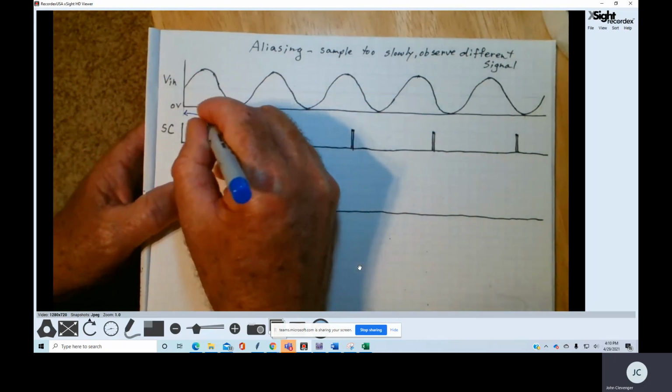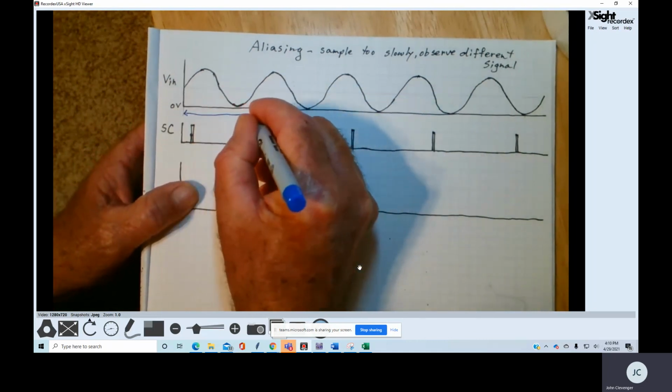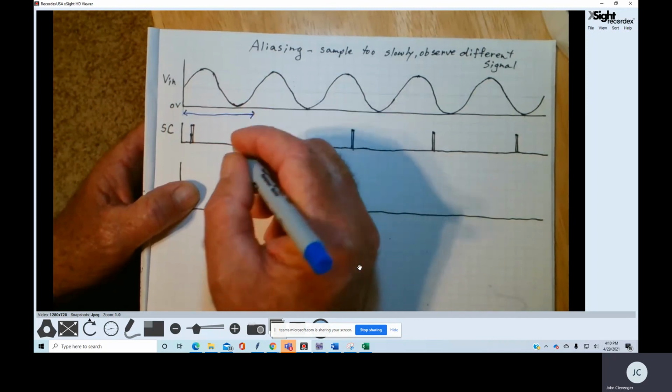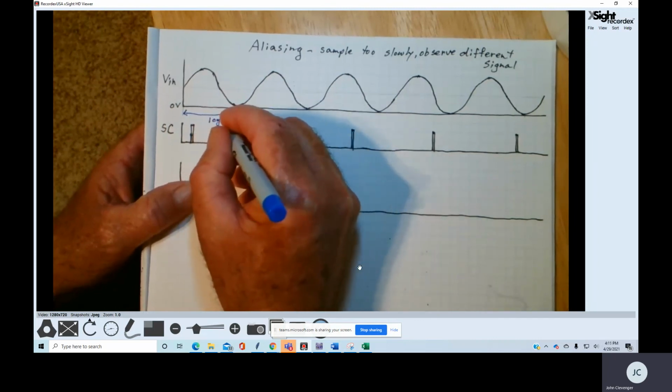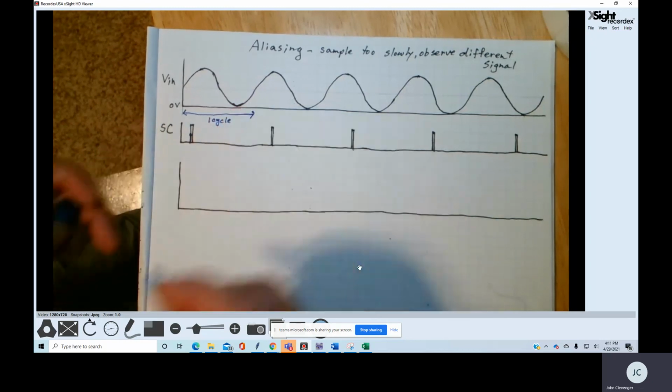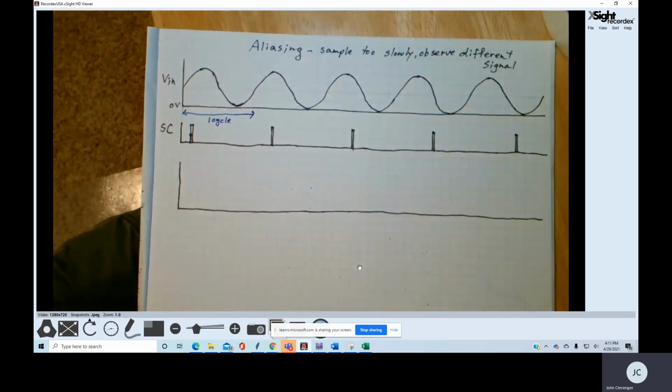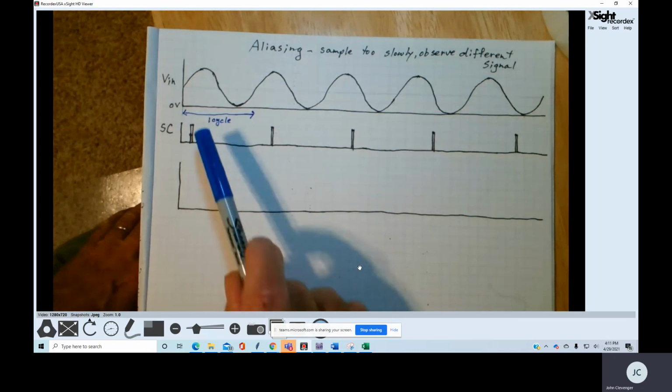One period or one cycle of the input waveform is from here to here. So that's one cycle.